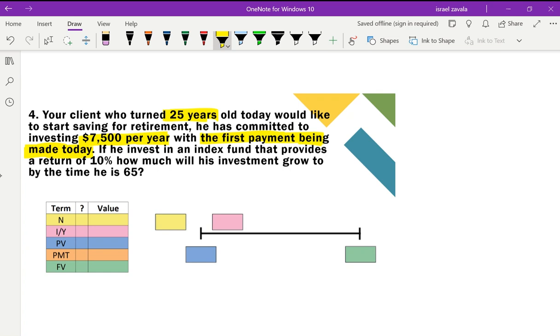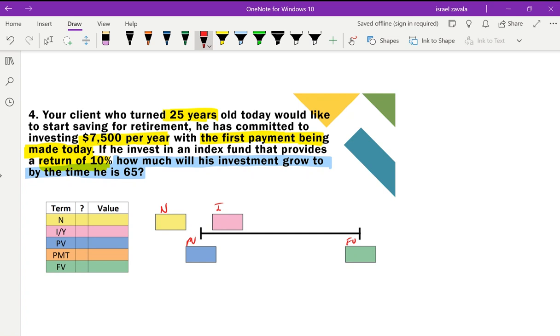If he invests in an index fund that provides a return of 10%, here's the question, how much will his investment grow to by the time he is 65? So here I'm just going to do the timeline in order to save a little bit of time, right? So number of years, interest rate, present value, future value.